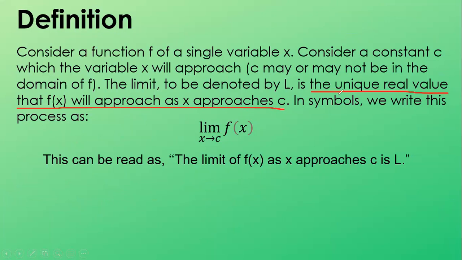Yung sabi ko kanina, the unique real value that f of x will approach as x approaches c. Okay, so in symbols, we write this process as limit of f of x. Ayan, so ganito in symbols. And this can be read as the limit of f of x as x approaches c is L. Okay? So yung example natin kanina, 18 yung ating naging limit.